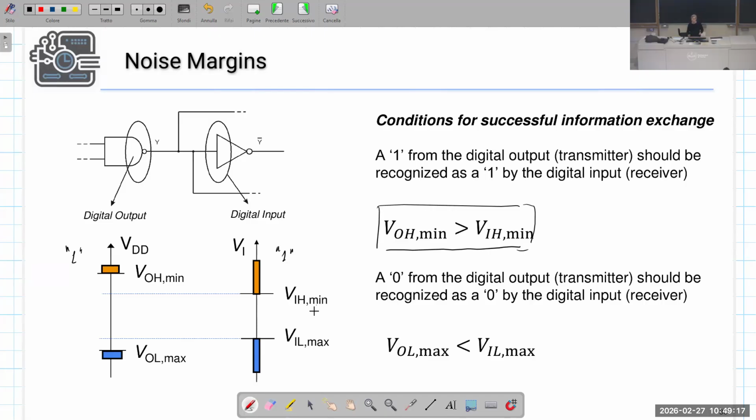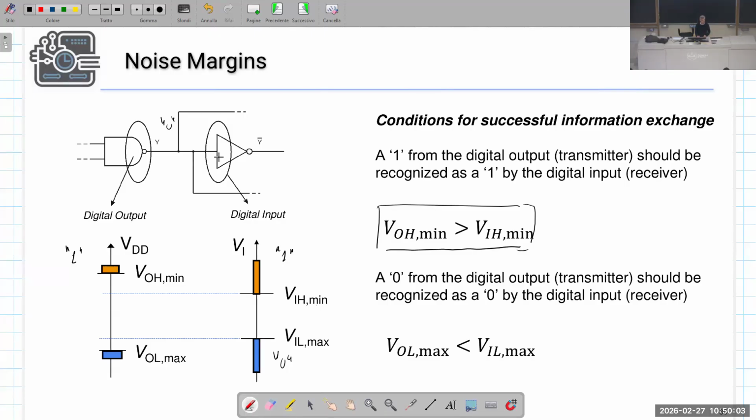Similarly, when we want a digital low value, a 0, from the output of the first gate to be properly recognized as a 0 by the input of the second gate, the receiver, we want that the transmitted level, that is the output at the low level VOL, in the worst case VOL maximum, should be lower than the maximum voltage level recognized as 0 at the receiver side.